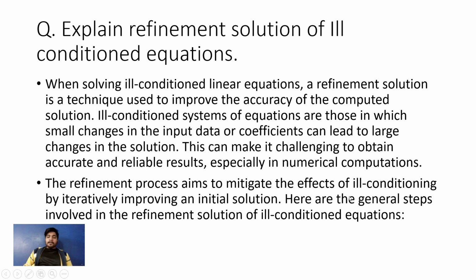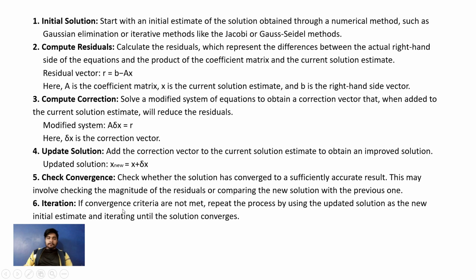Here are some general steps involved in the refinement solution of ill-conditioned equations. The first step is the initial solution. Start with an initial estimation of the solution obtained through a numerical method such as Gaussian elimination or an iterative method like the Jacobi or Gauss-Seidel method.